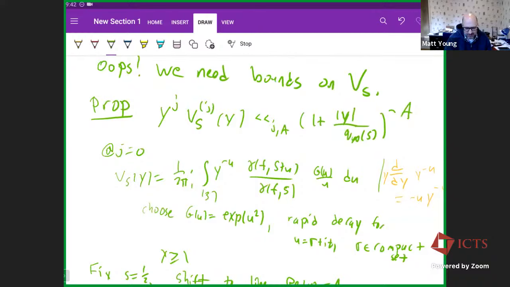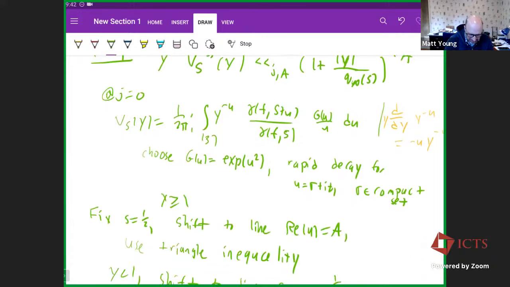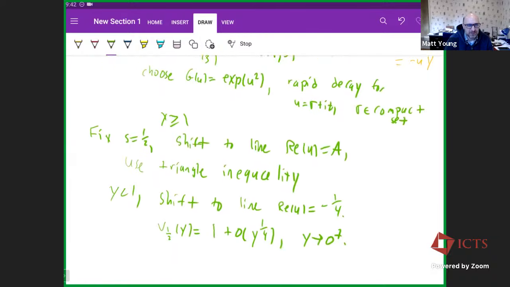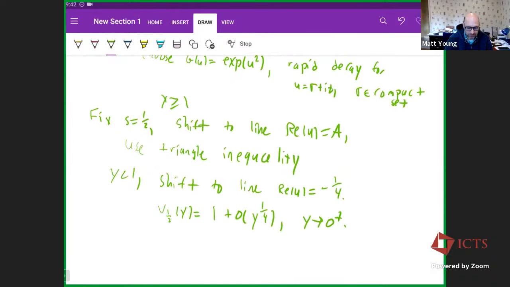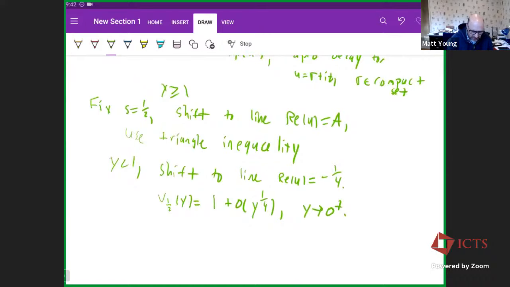If you want to see the full proof with all the gamma factors, go look in Iwaniec and Kowalski, because it's a somewhat involved Stirling's formula proof. Okay, so that's our interlude on V.